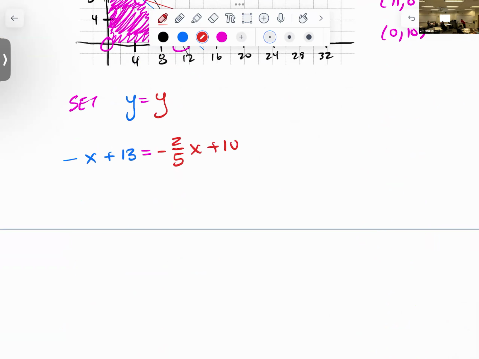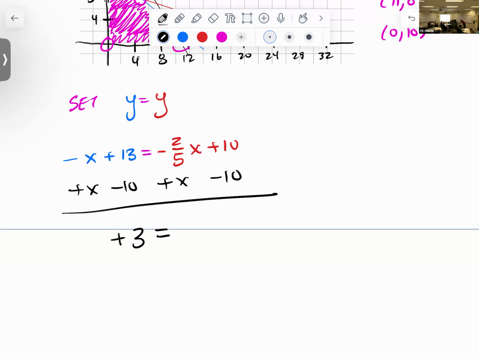All right, so some fun algebra. Well, how do we solve it? Then you would plus x on both sides and minus 10 on both sides. That leaves you with 3 = 1 and 2/5 x. I would get rid of that fraction.